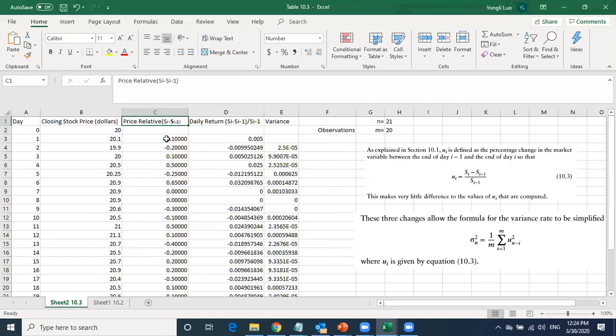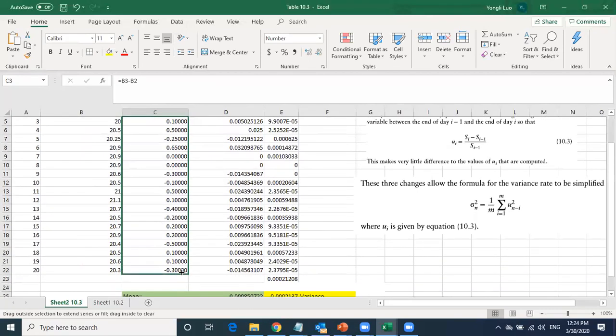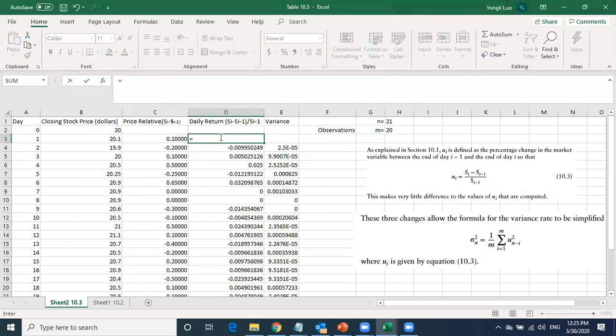So we take this price minus the previous price, calculate the difference, and drag all the way down. That is S_i minus S_(i-1). Then you divide this difference by the previous day price, which gives the relative difference. Then you drag all the way down.